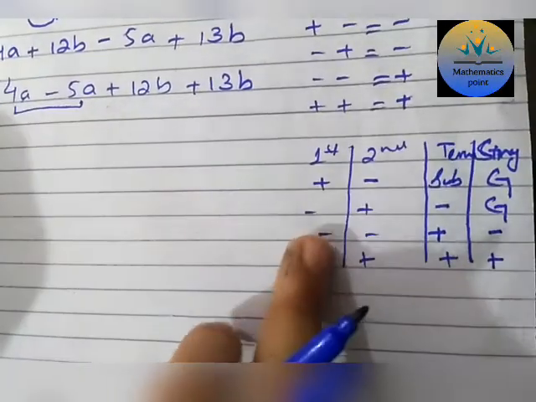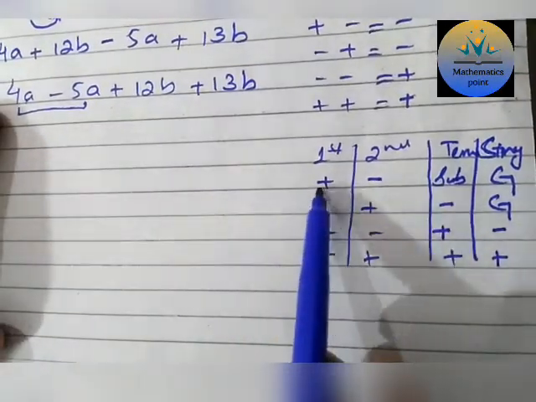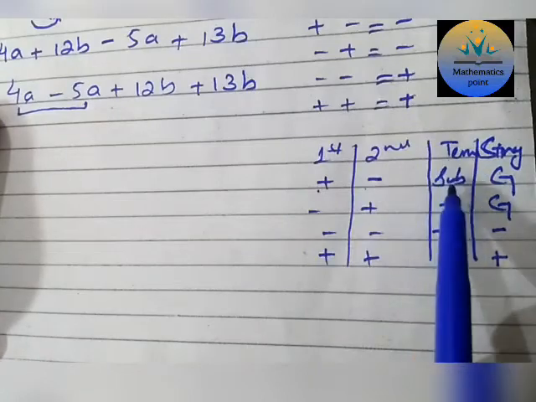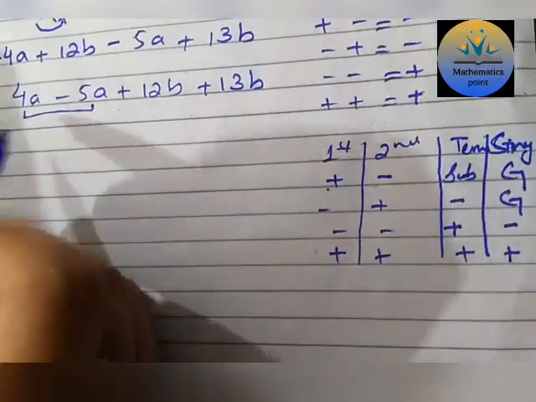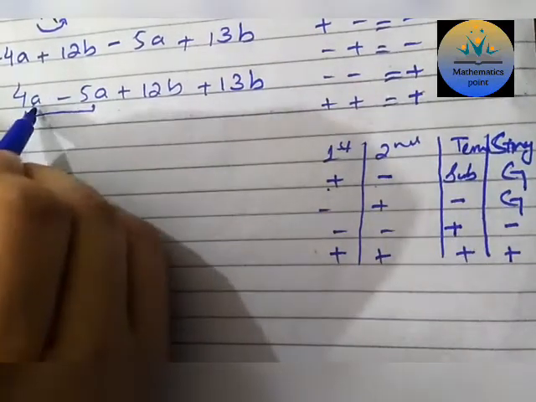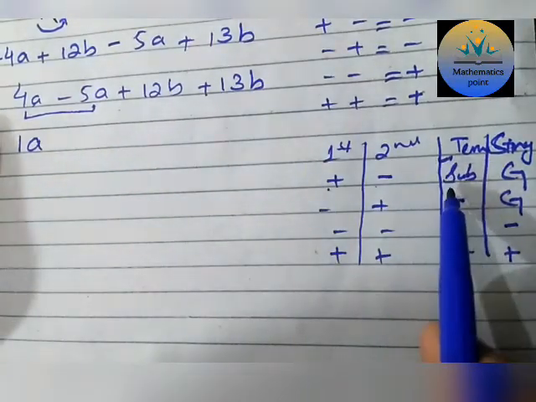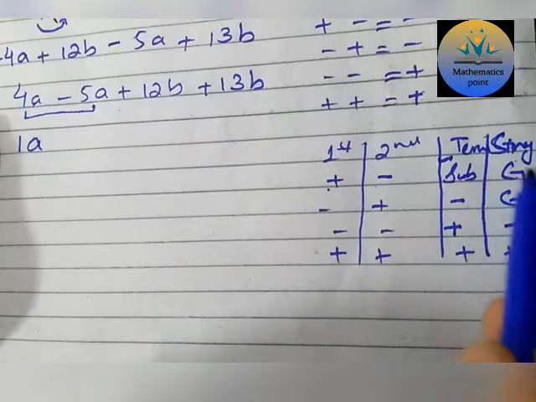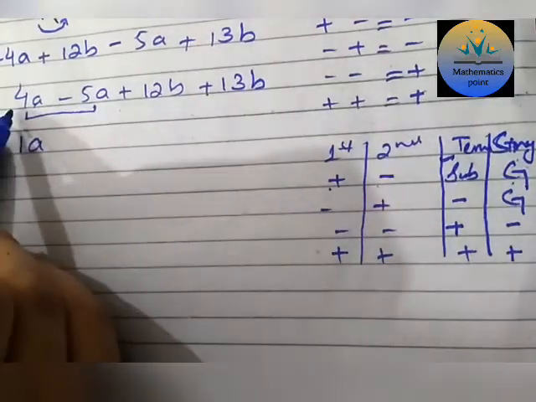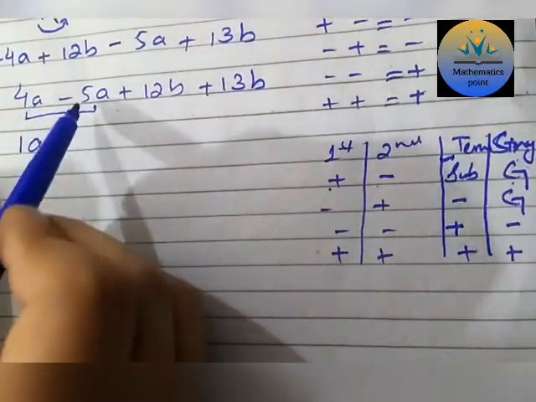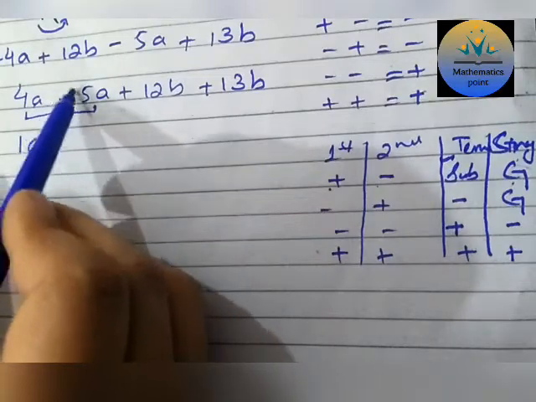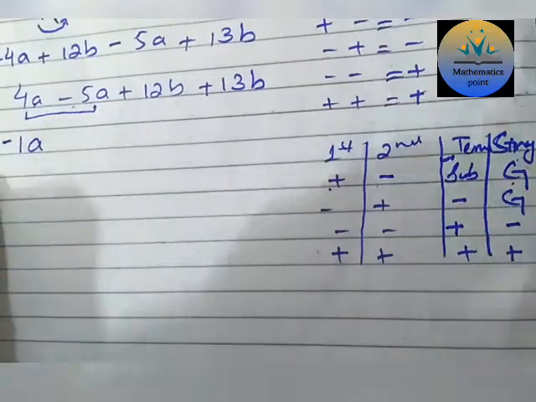Okay, now follow this table. Plus minus, terms will be subtracted. Now 5 minus 4 is equal to 1, and what is the variable? a. Terms will be subtracted, we have done this step. Now what will be the sign of the greater term? Now look, 4 is greater or 5 is the greater term, and 5 has the sign minus, so minus.